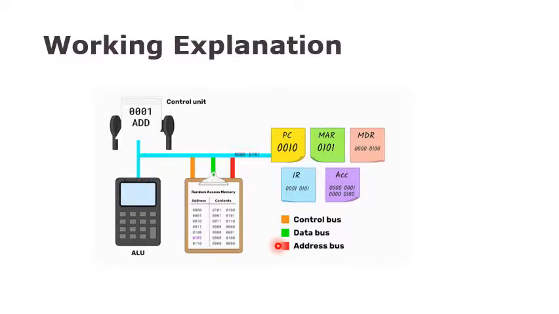To finish off this stage, the 2 values in the accumulator are passed into the arithmetic logic unit, that is ALU, where they can be added together as instructed by the opcode. The result is then placed back into the accumulator. That is the second cycle completed. And this is shown in this GIF.